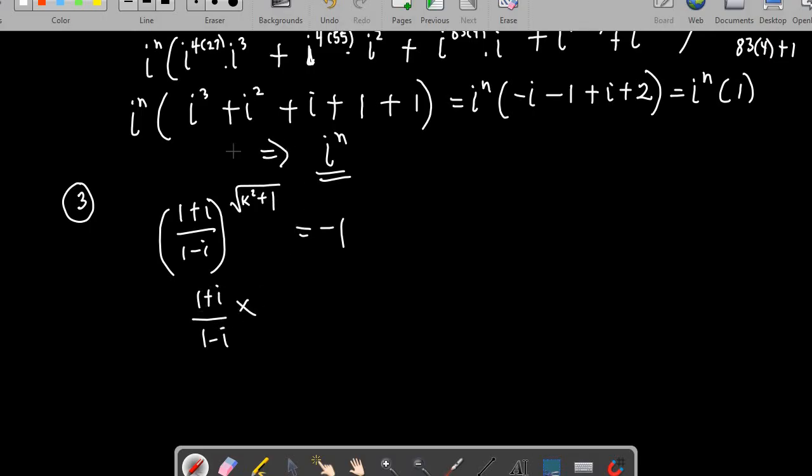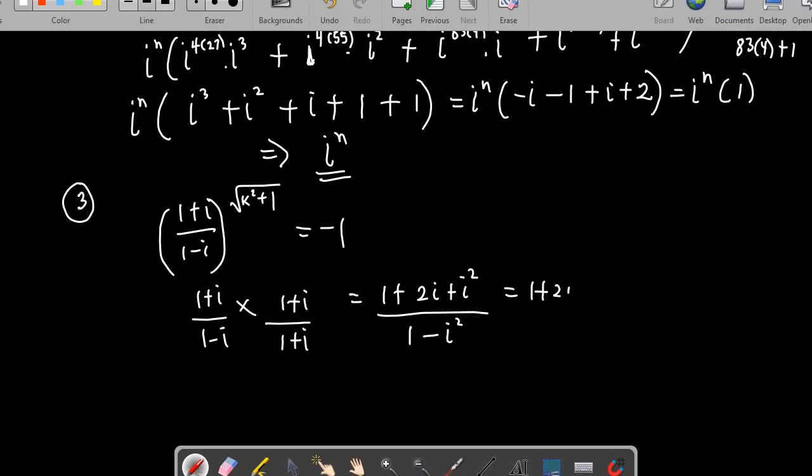Let's just deal with what is inside so I don't tag all this along. Multiplying by 1 plus i over 1 plus i, this equals 1 plus 2i plus i squared, over 1 minus i squared. This equals 1 plus 2i minus 1, over 1 plus 1. And this will be 2i over 2, which equals i. So everything that you have in this bracket is just i.